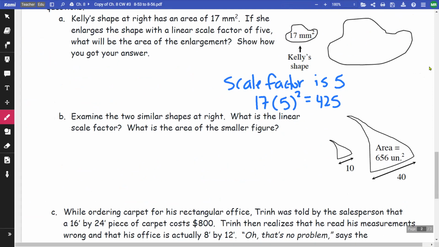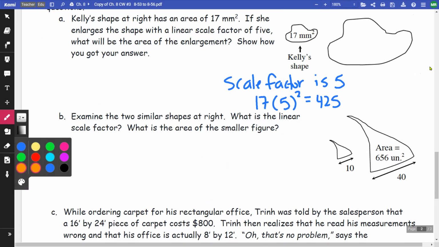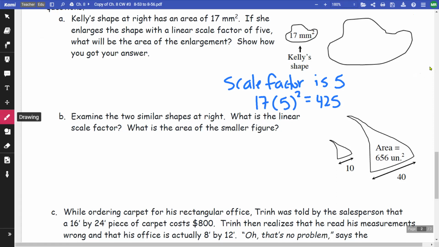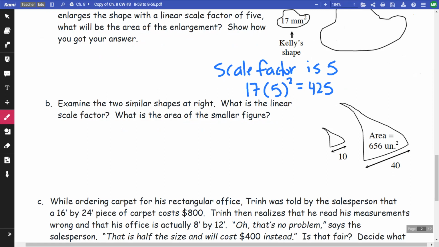On B, we have two similar shapes again. What is the linear factor? What is the area of the smaller figure? So we're going the opposite direction this time, not small to big, but big to small. If you're noticing the sides, what am I doing to get from 40 to 10?